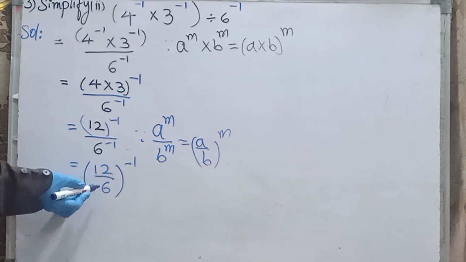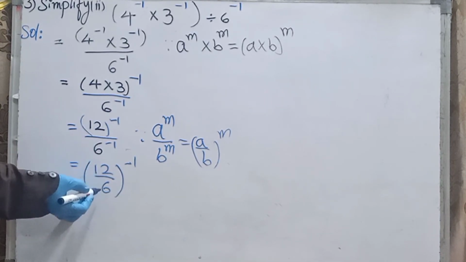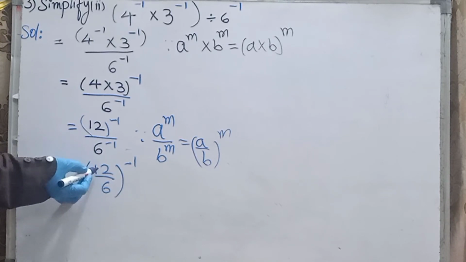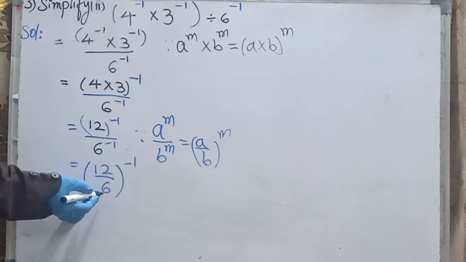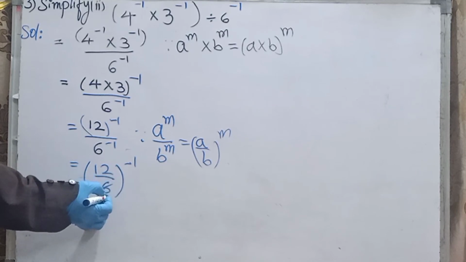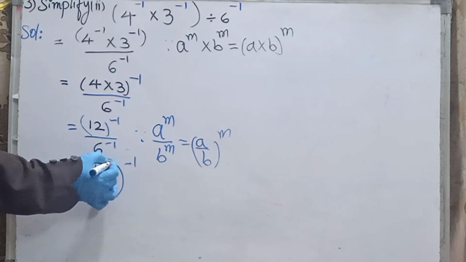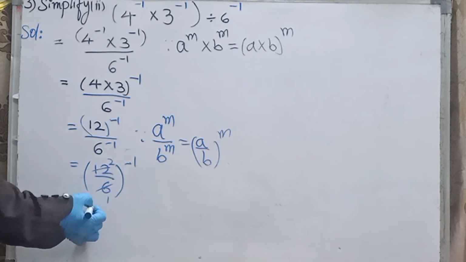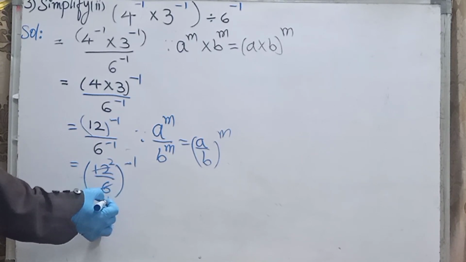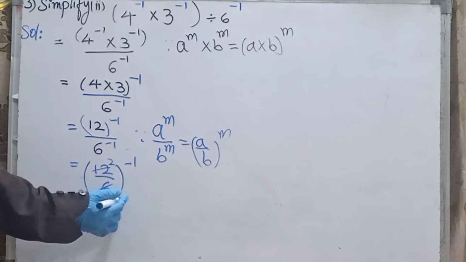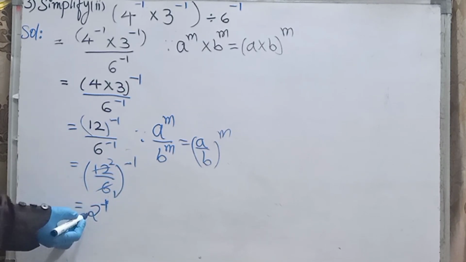Since we have 12 and 6 in this fraction, we can cancel them using the 6 table. 6 ones are 6, 6 twos are 12. So it is equal to 2 power minus 1.